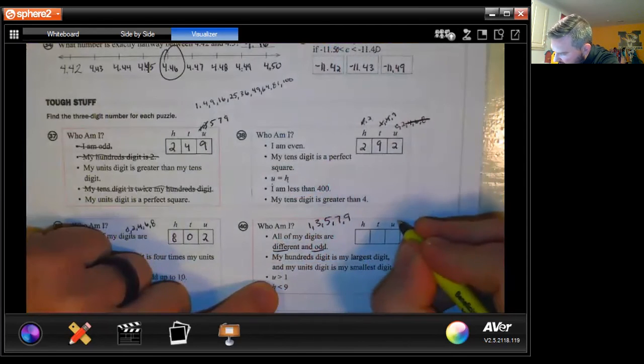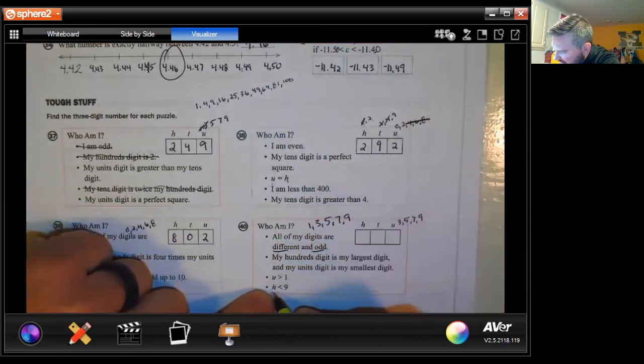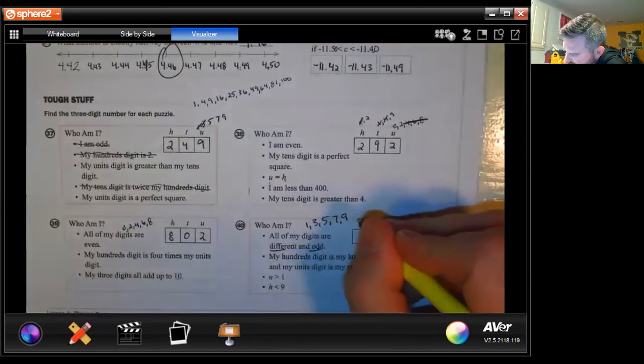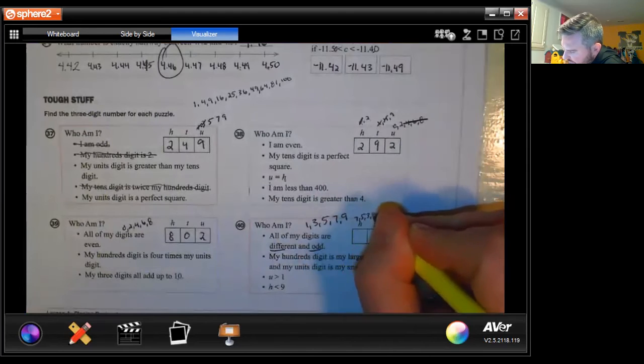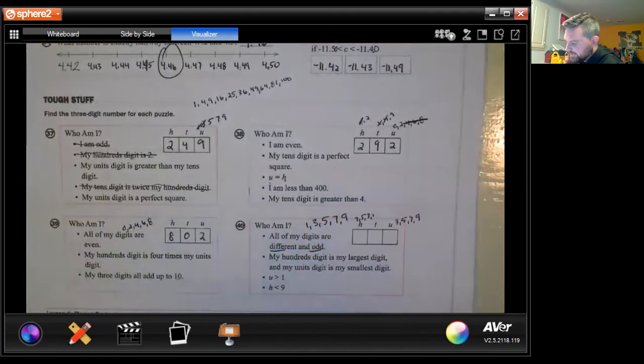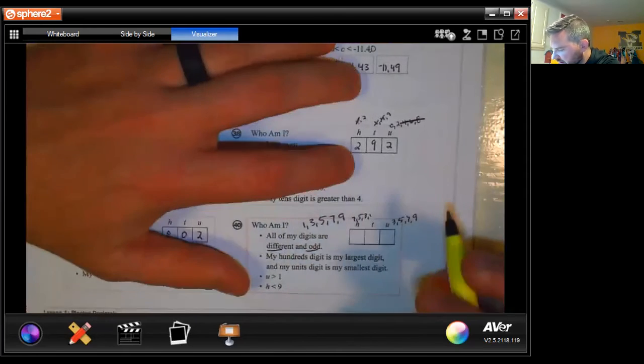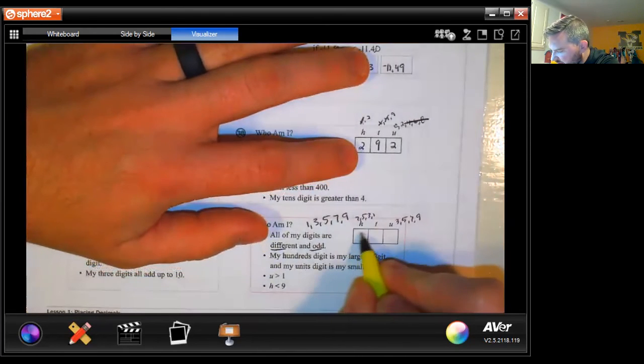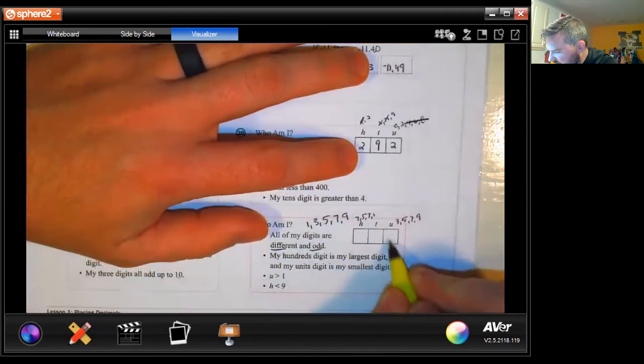So it's 3, 5, 7, 9. And my hundreds digit is less than 9. So it is 7, 5, 3, or 1. They're not the same, and this is the biggest number, and this is the smallest number.